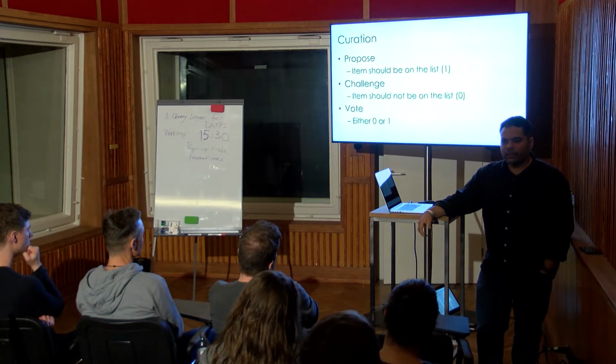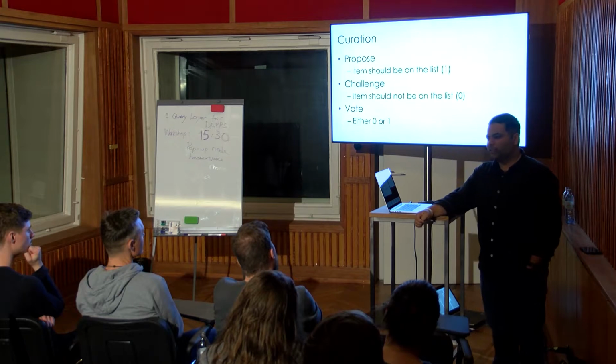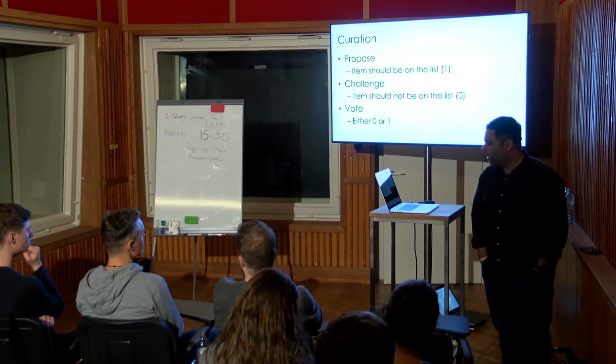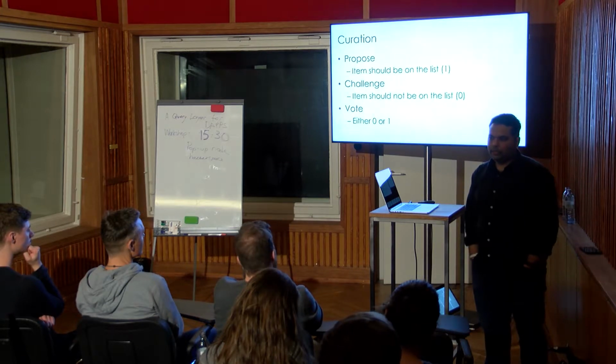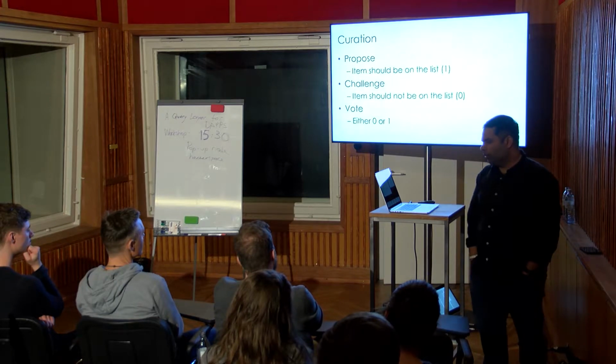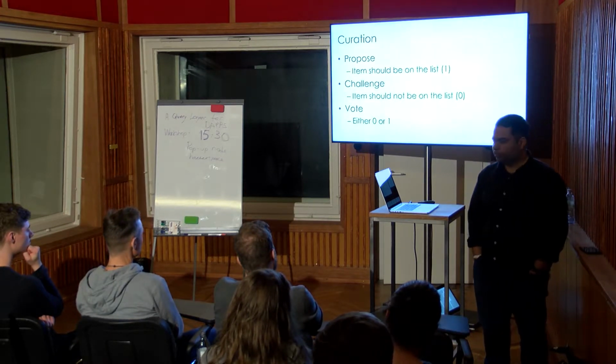Then once you say that you want to suggest something should be added to a list, there will be people who will say no, it should not be, and that's where the challenge comes into the picture, that this particular item should not be on the list. If it is already there, then let's have a contest. If it is not already there, then also let's see why it should be there.